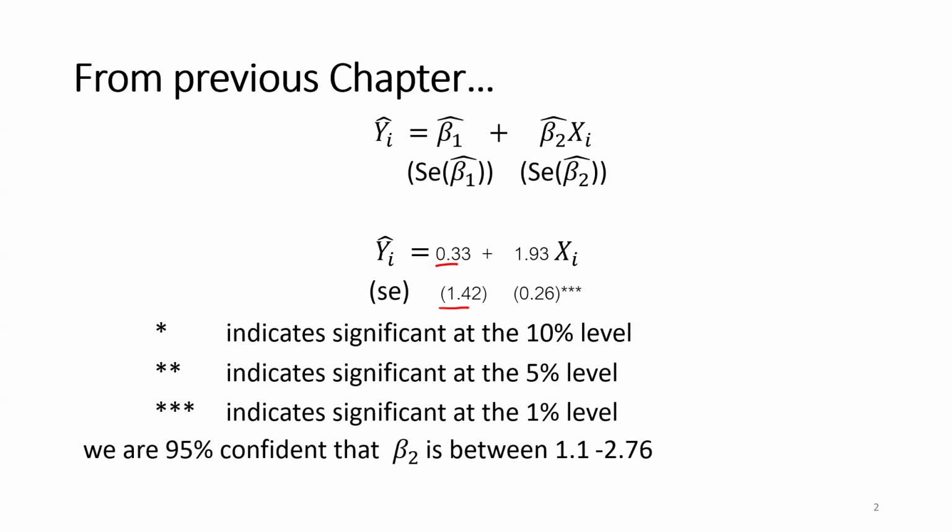And then they always use stars to represent the significance level: one star is significant at the 10% level, two stars for 5%, and three stars for 1%. Since last time we had three stars here, this beta is significant at the 1% level.